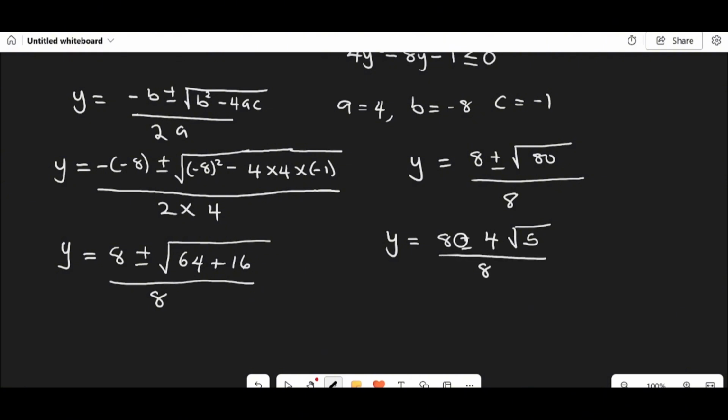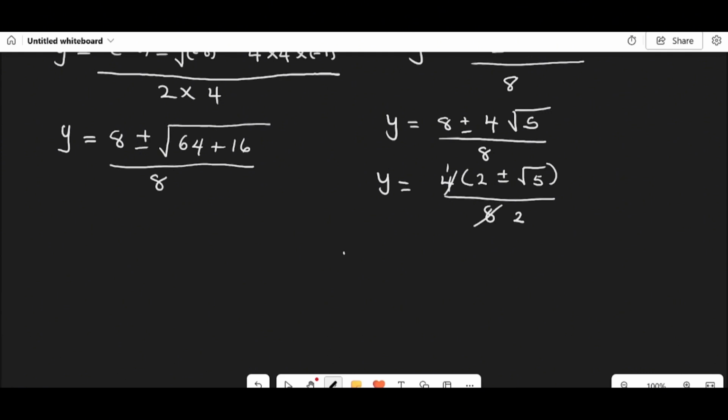We can factor 4 out of this expression. y equals 4 bracket 2 plus or minus root 5 all over 8. 4 here we have 2, 4 here 1. So y equals 2 plus or minus root 5 all over 2.